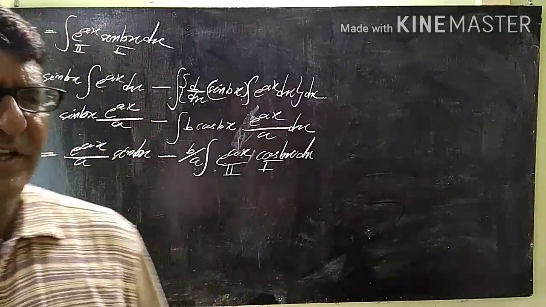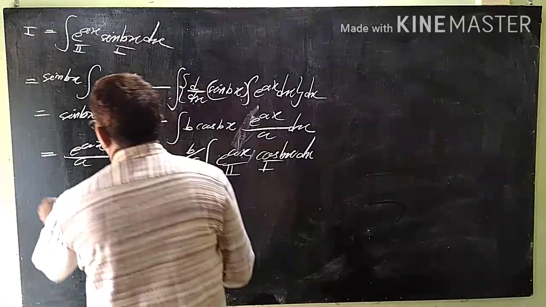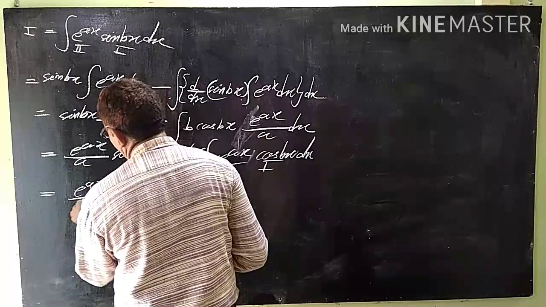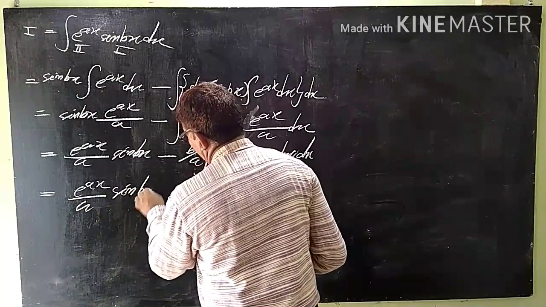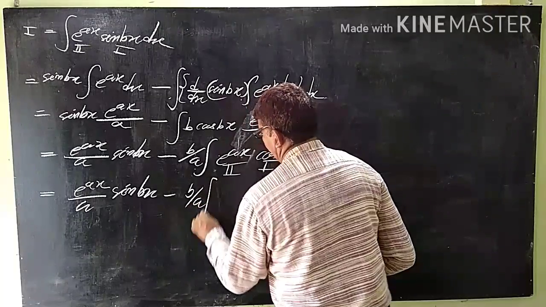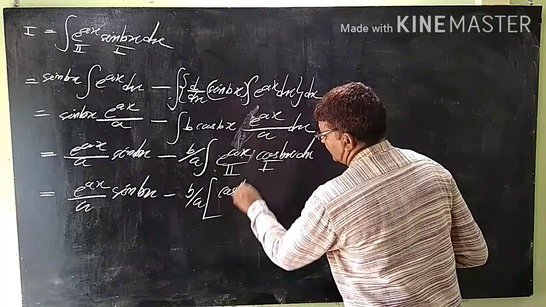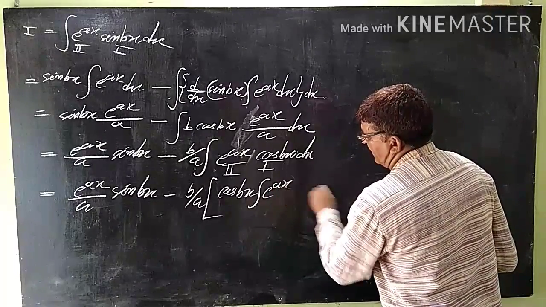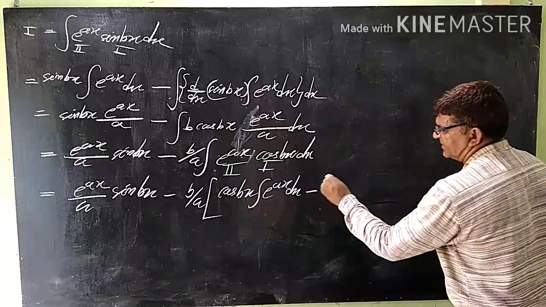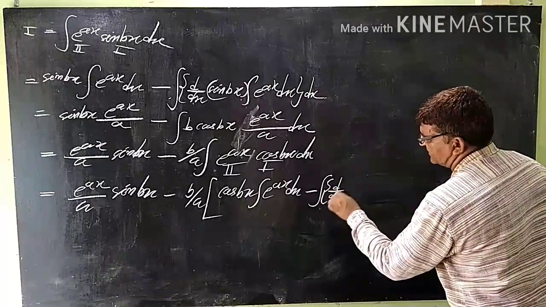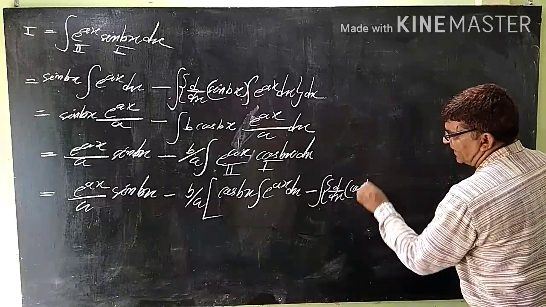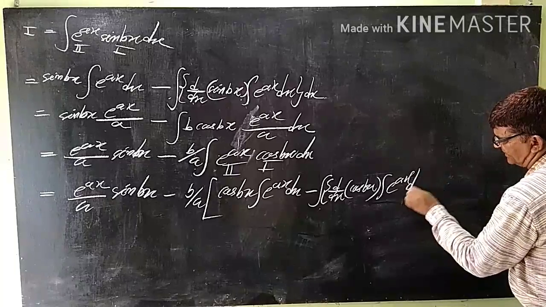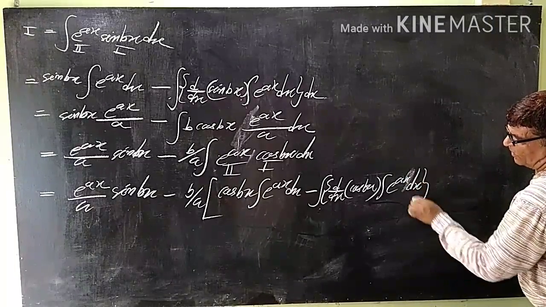Again apply the same formula, and now it is power of e ax upon a sin bx minus b upon a, first cos bx, integration of second power of e ax dx, minus dy by dx of first cos bx, integration of second power of e ax dx, or dx.